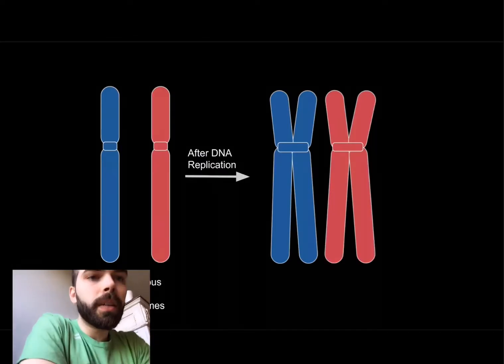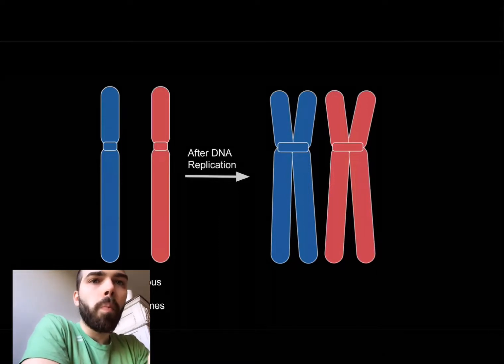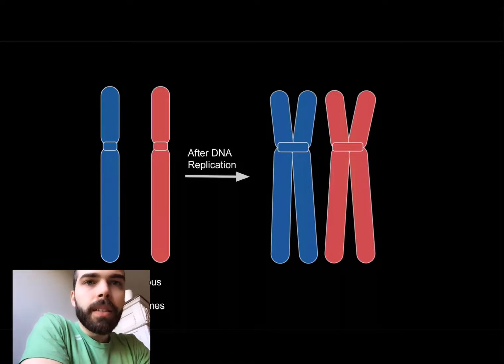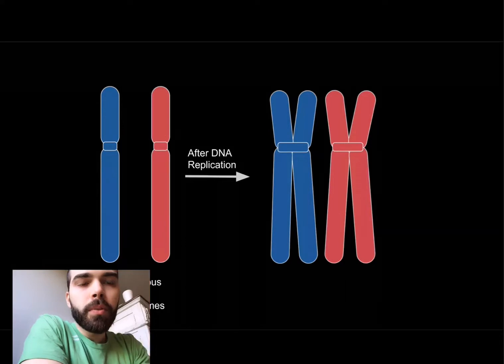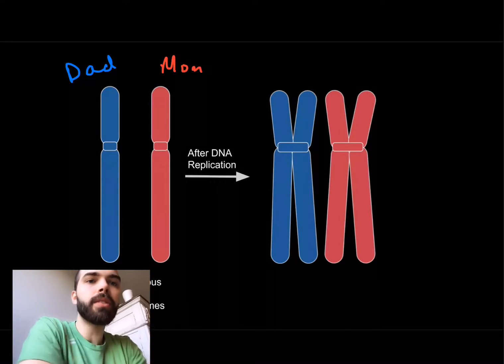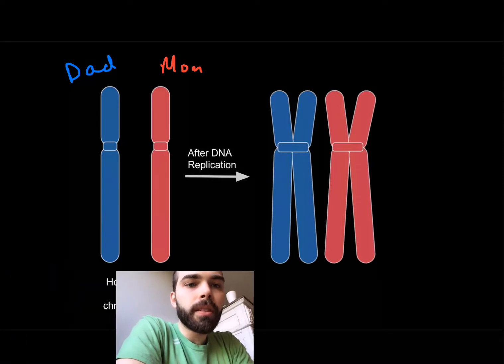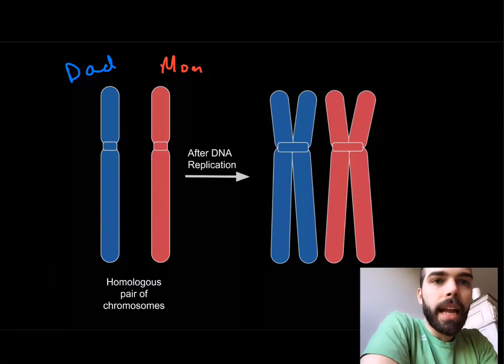Just to kind of illustrate this in a nicer, neater picture, this blue chromosome here, we're saying that comes from dad. And this red chromosome here, that comes from mom. Now you'll notice that the 2 chromosomes here are similar in size and shape.